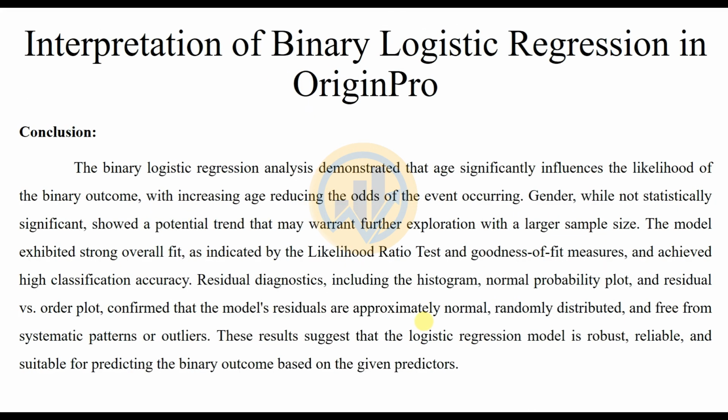The last part is the conclusion of the interpretation of binary logistic regression in OriginPro. The analysis demonstrated that age significantly influenced the likelihood of the binary outcome, with increased age reducing the odds of the event occurring. Gender was not statistically significant but showed a potential trend that may warrant further exploration with a larger sample size.